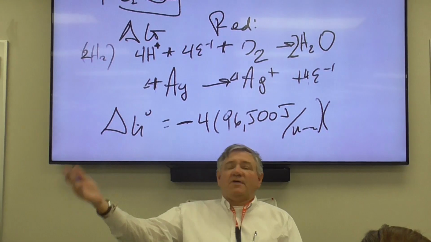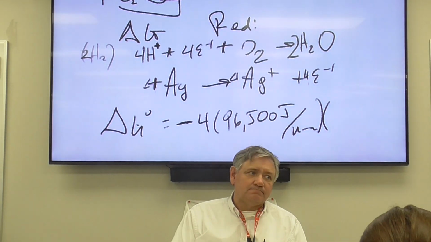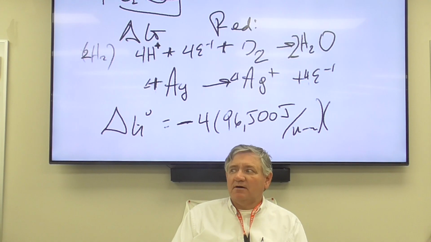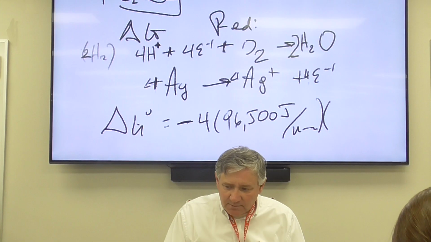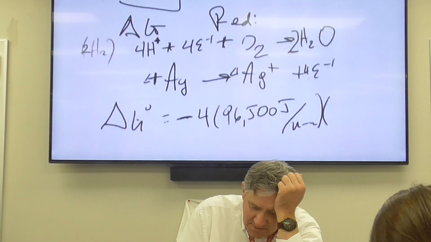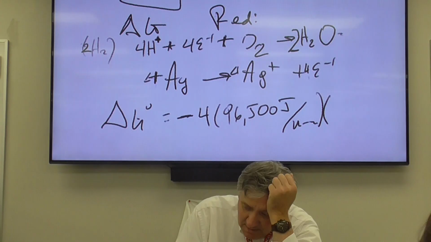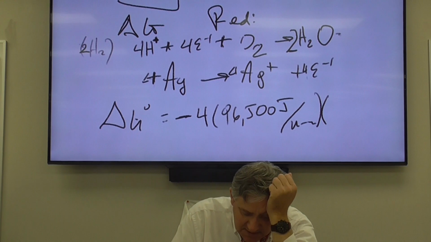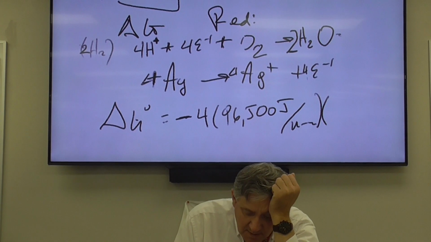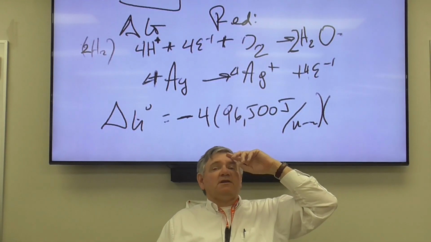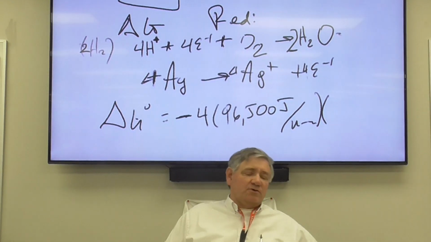But I need one other thing. I need your E naught value. Don't have the E naught value. So if you look at your chart, now here's what you have to realize. Because I multiplied all of the silvers by 4, do I need to multiply my E naught value by 4?